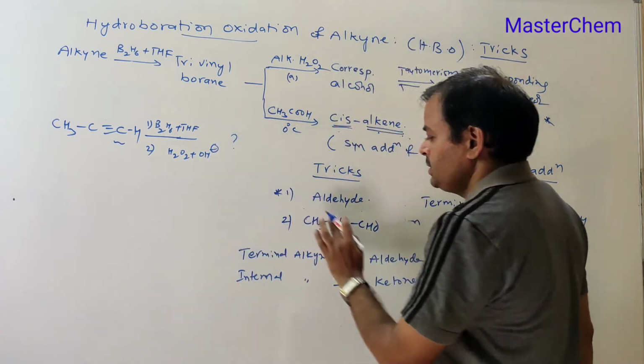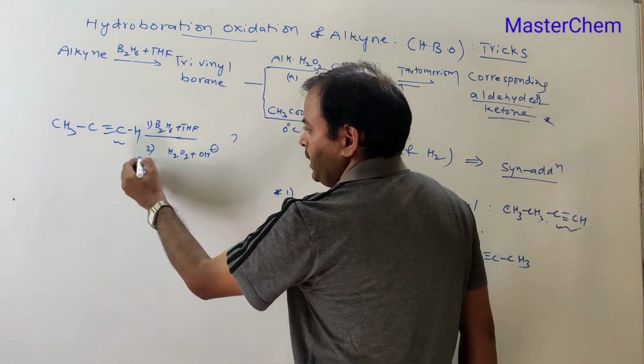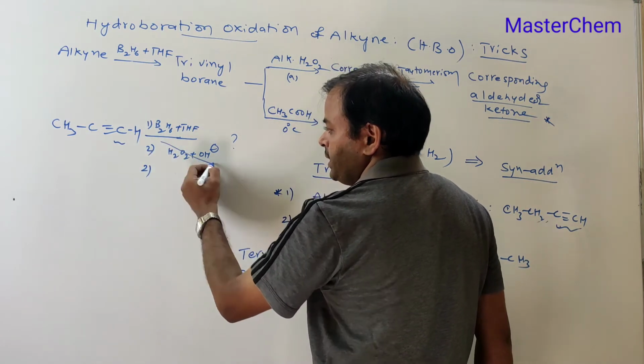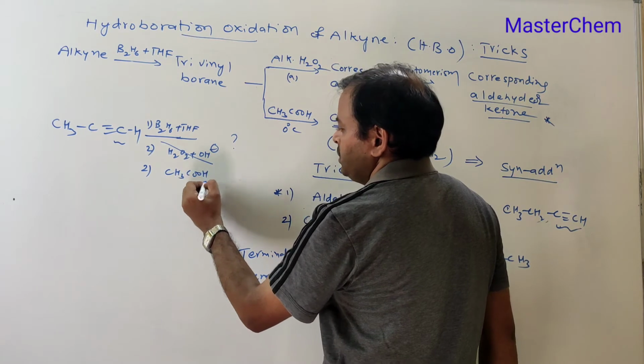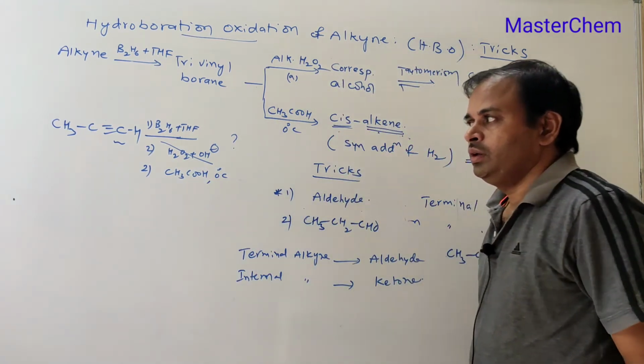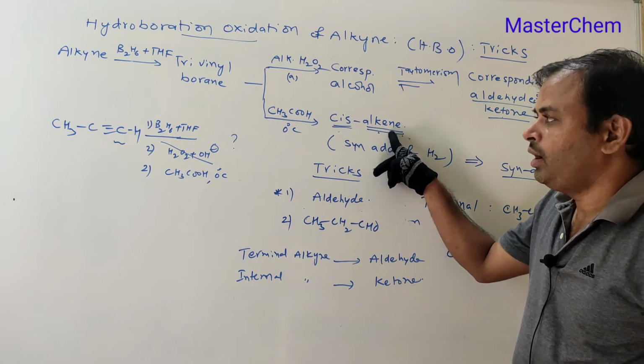With this your answer should be propanaldehyde. And if the second is replaced with CH3COOH, 0 degree centigrade, now what is your answer? What is the product? Alkene only.